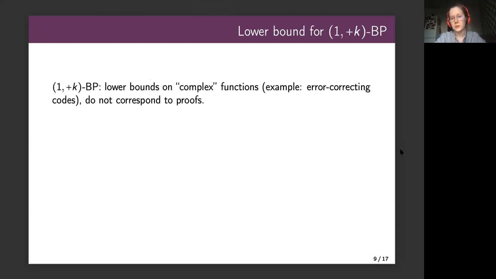What about lower bounds? Well, there are lower bounds for 1-plus-k BPs, but these lower bounds were only for functions that are structurally more complex than our search phi problem. For example, some of those hard examples are based on error-correcting codes. So this has nothing to do with proof complexity. We cannot write this as a short CNF.